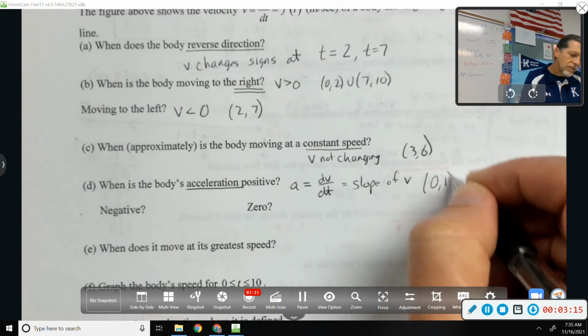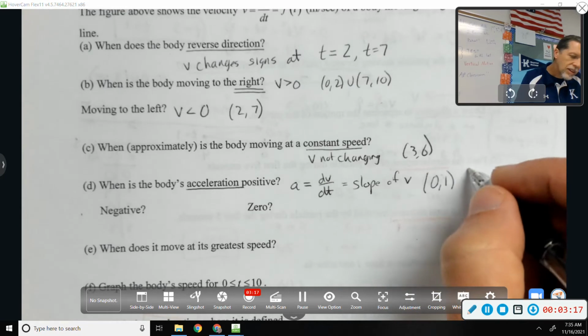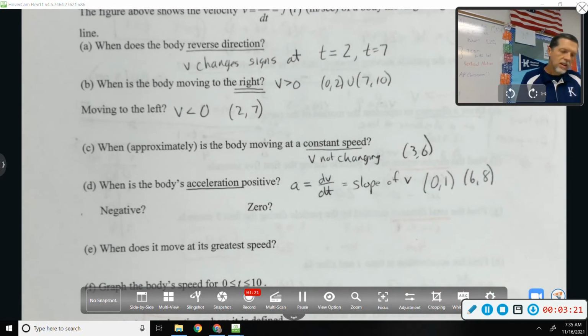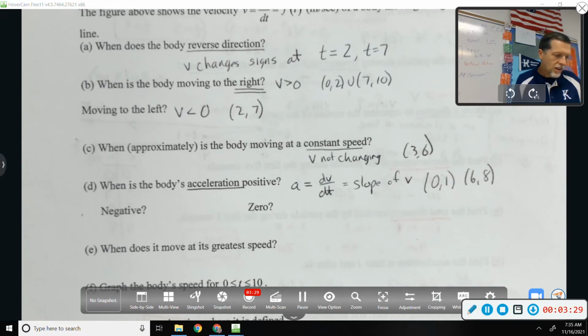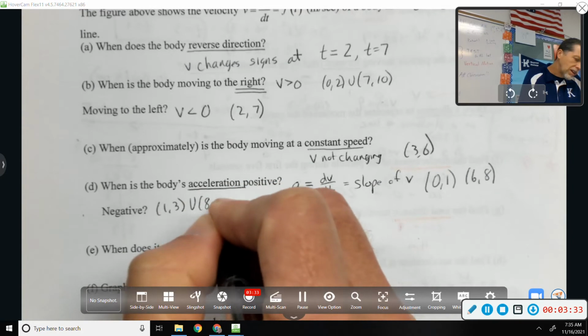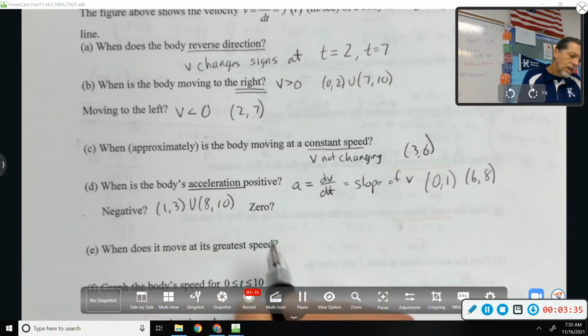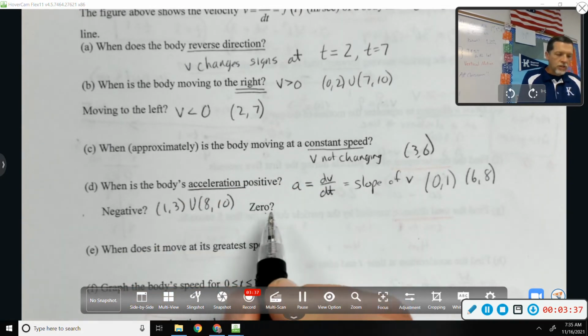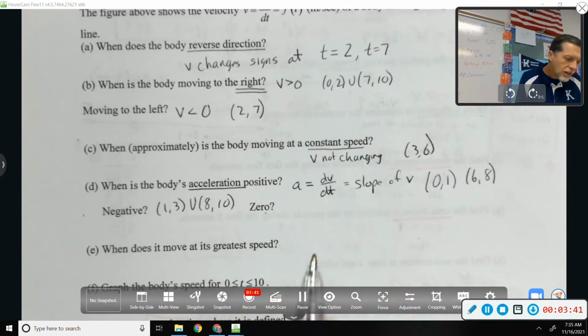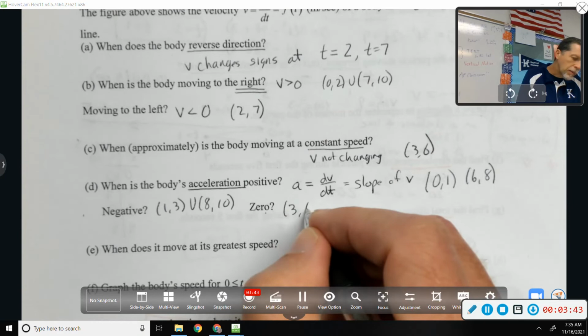Good, 0 to 1 and 6 to 8. And the slope of velocity is negative on 1 to 3 and 8 to 10. The slope of velocity is 0 from 3 to 6.